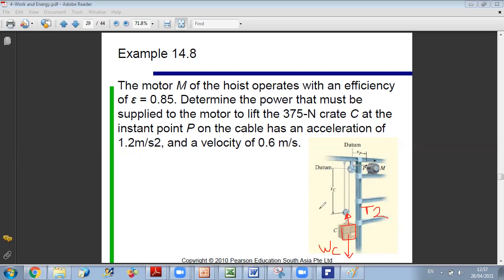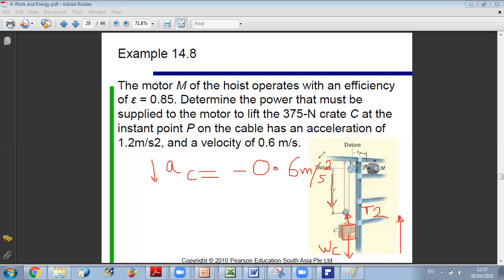Please pay attention. We took the coordinate downward. So AC is negative. The AC we found is based on this coordinate. So when you say AC equals minus 0.6, this is relative to the coordinate that is downward. Then when you write your Newton's law, be careful: if you decide to take the upward direction as positive, it becomes AC plus 0.6.